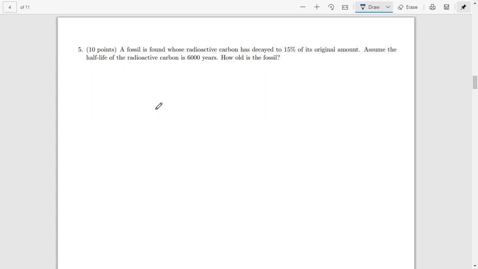Now, the half-life, if you remember, is the time it takes for half of the initial amount to reduce to half.